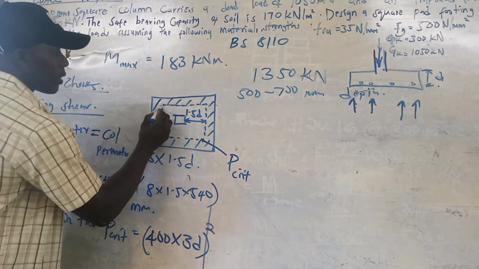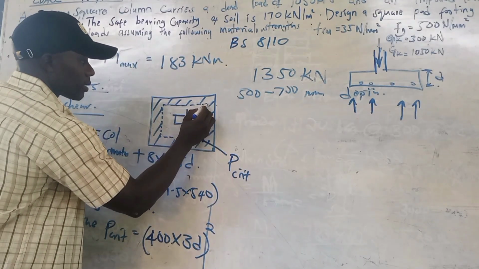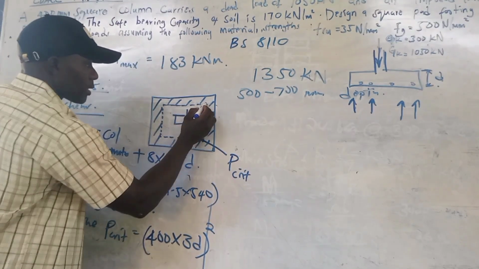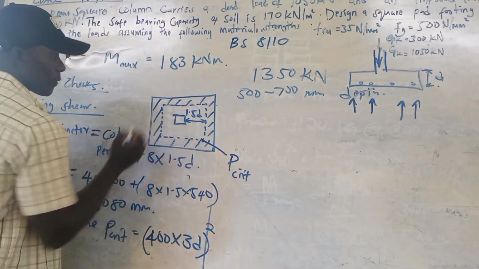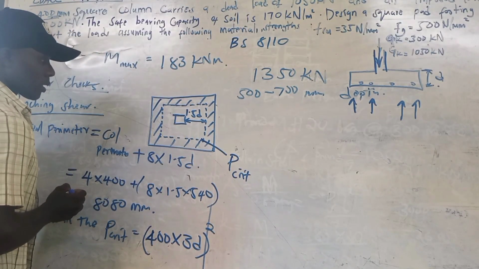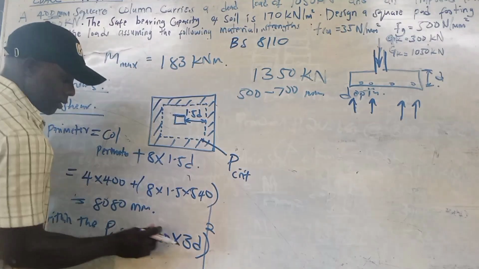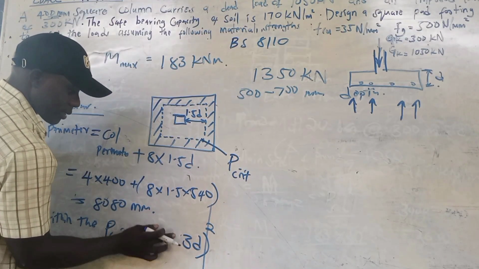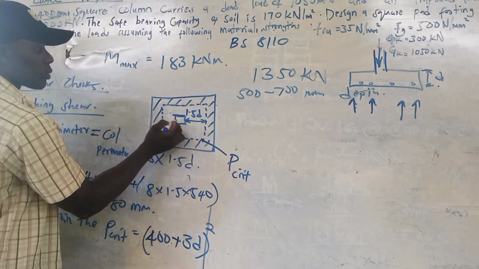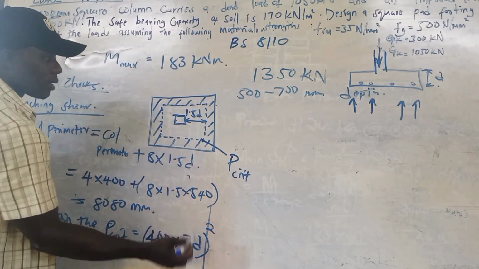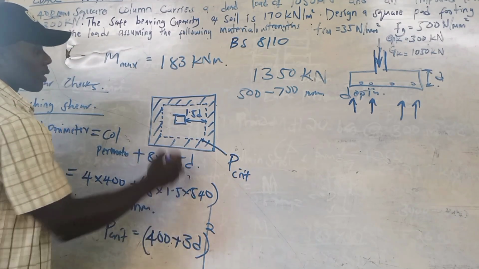So it is the length here times the breadth here. So this one is 400, plus 3D. This one is 1.5D plus 1.5D. That gives you 3D. Okay? Then you square it.